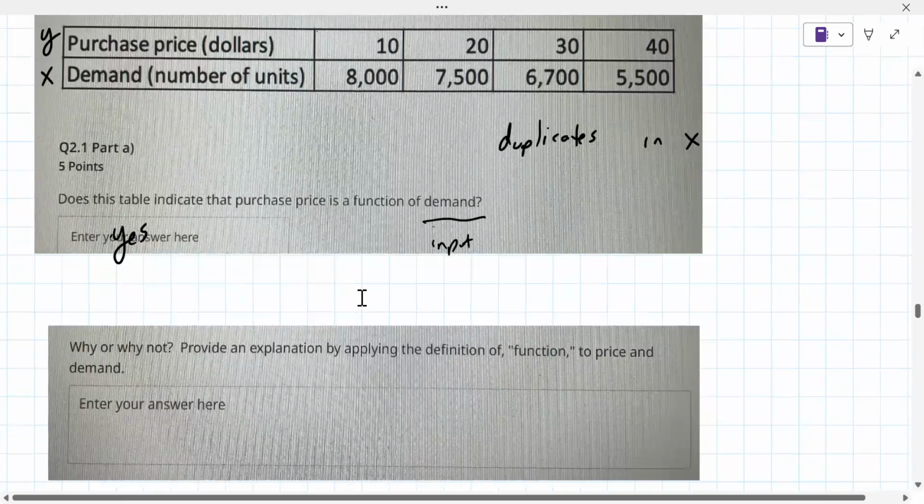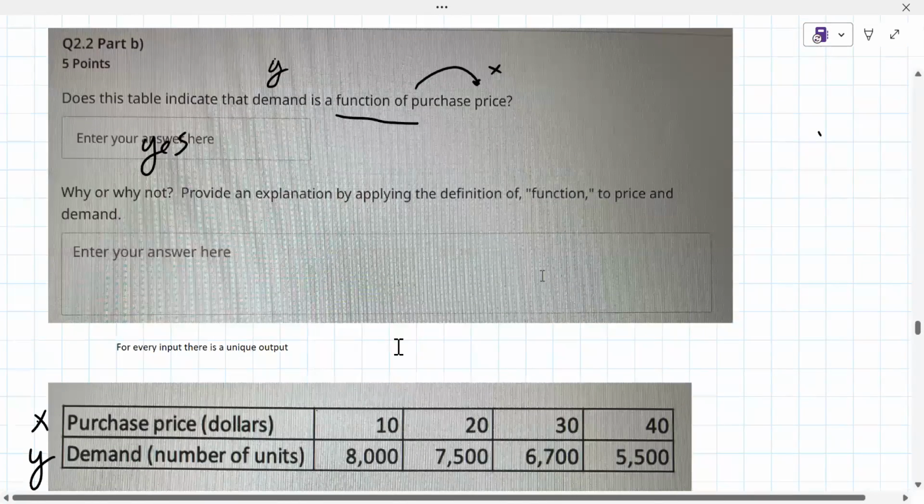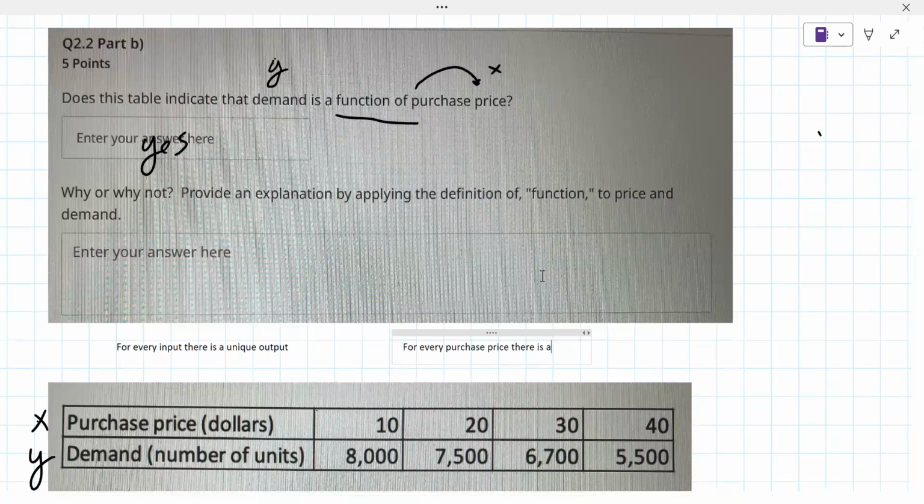So that's for the first one. And then for the other one, for every unique purchase price, there is a demand.